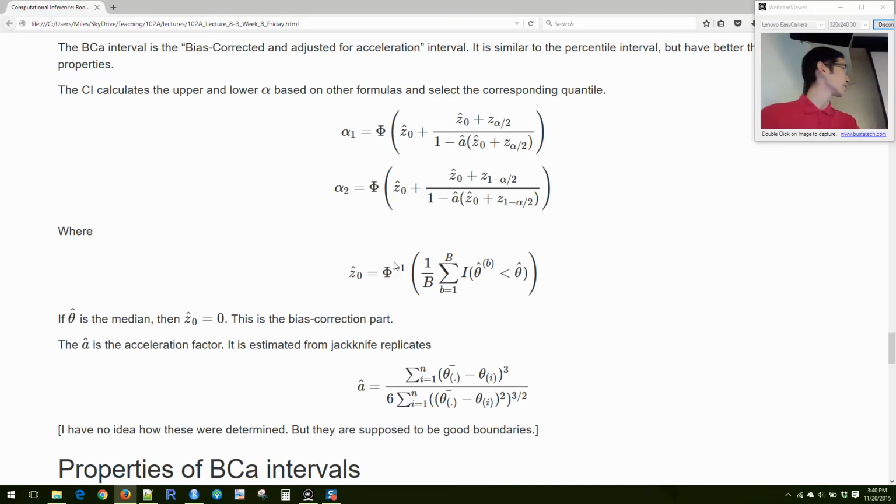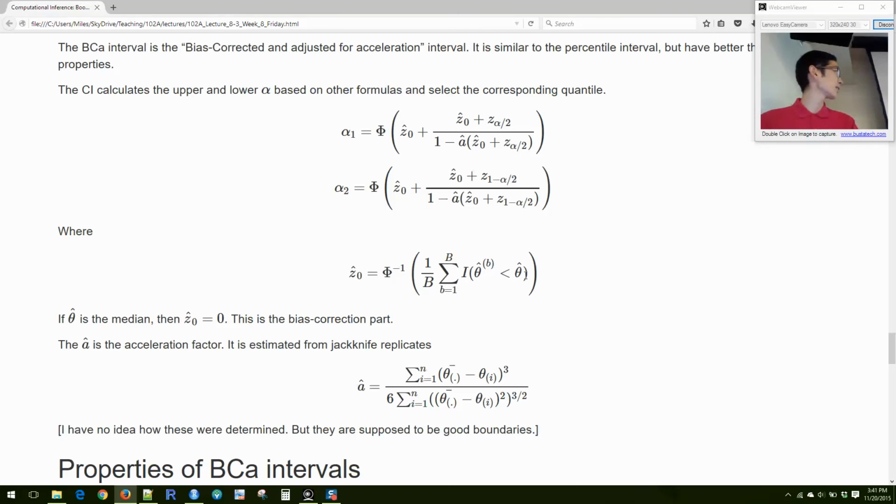So if you look at phi inverse here, if theta hat is the median, then all of these, I is the indicator function, so it basically turns this expression into a yes or no. If your bootstrap estimate is less than theta hat, you get a 1, and if it's greater than theta hat, you get a 0.